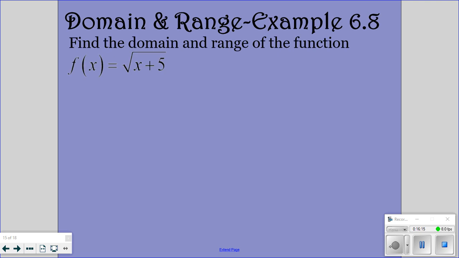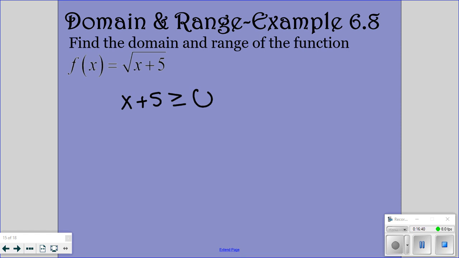All right, so now looking at domain and range of the function. Domain is related to your x values, range is related to your y values. So what numbers can we plug in here? Well, we've got a radical. So inside of our radical, the x plus 5, we can't have it be negative. So x plus 5 has to be greater than or equal to 0 because we are dealing with real numbers.